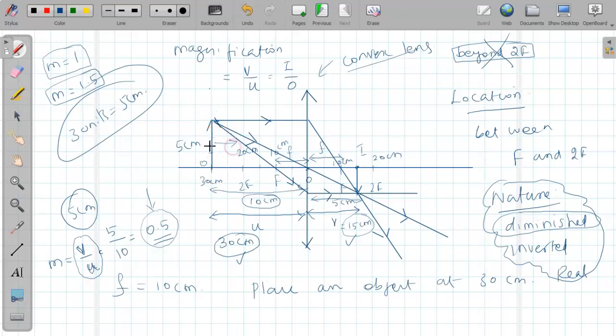Then again I move closer and place the object between F and 2F. Then again I place it at F. Then again I move the object and place it in between F and the optic center. So every time I move the object, there will be a change in the image location, the size, and the nature. Okay, thank you.